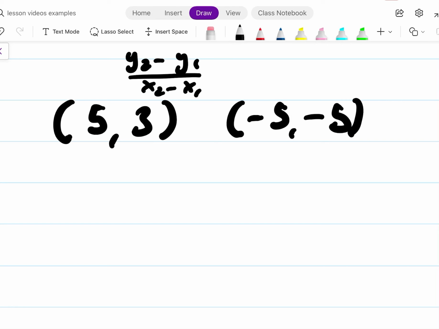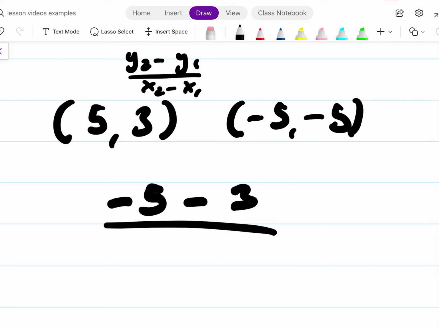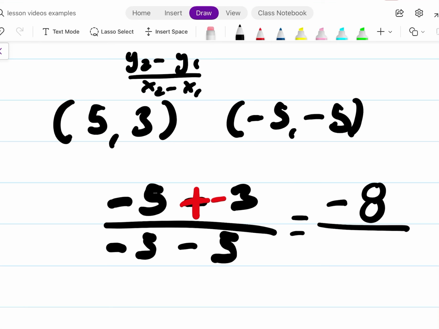So y2 minus y1, my y2 is negative 5 minus 3 over x2 minus x1, which again is negative 5 minus 5. So when we have negative 5 minus 3, if we add the opposite, negative 5 plus negative 3, both are negative, so it's going to stay negative, that's going to be negative 8.